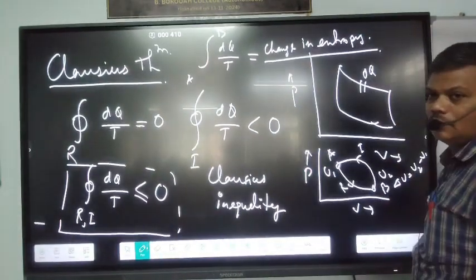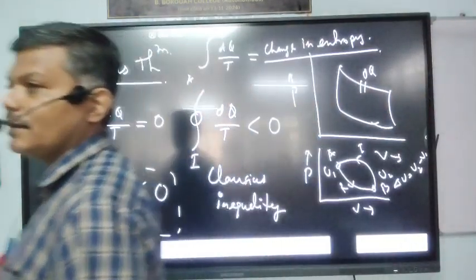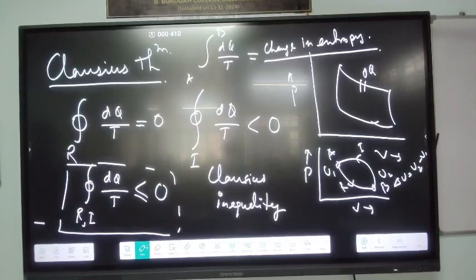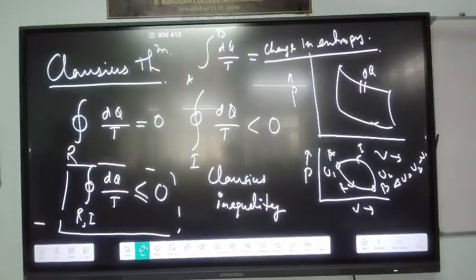So whenever you go from a state A to state B, there will be a change of entropy. But if you again come back from B to A through a reversible process, then total change will be how much? 0. But if you go from A to B, there will be a change in entropy.